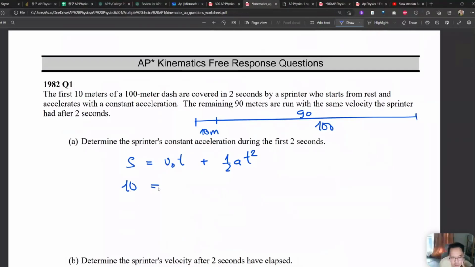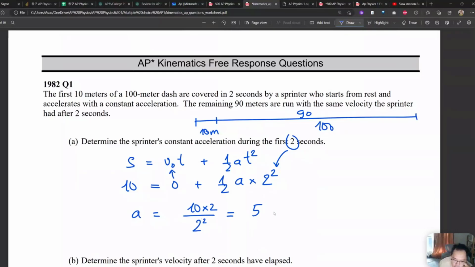Distance is 10 meters, initial velocity is 0, acceleration is what we need to find, and the time is 2 seconds. So from this equation, we can find the acceleration a. So a is 10 multiplied by 2 divided by 4, which is 5 meters per second squared.